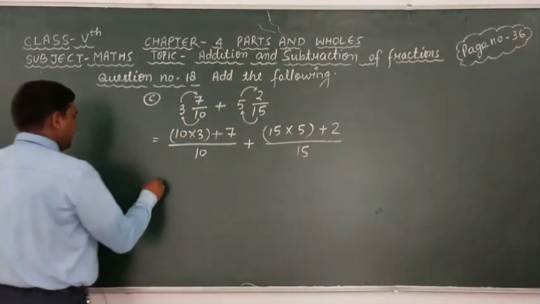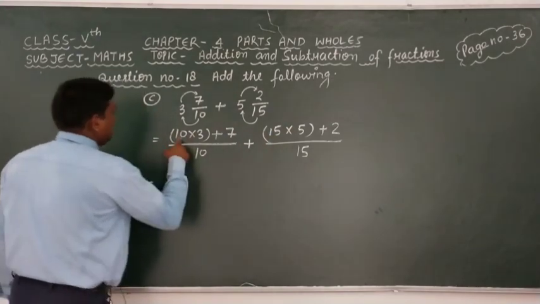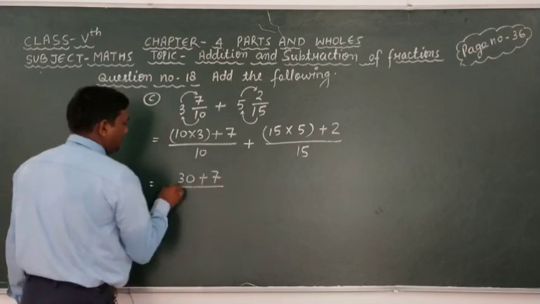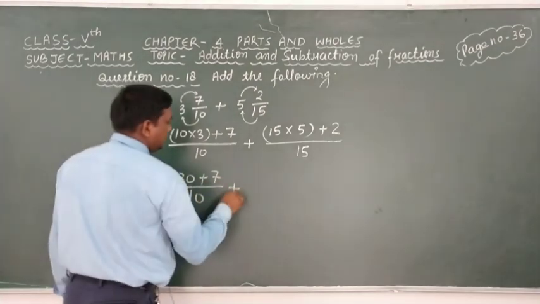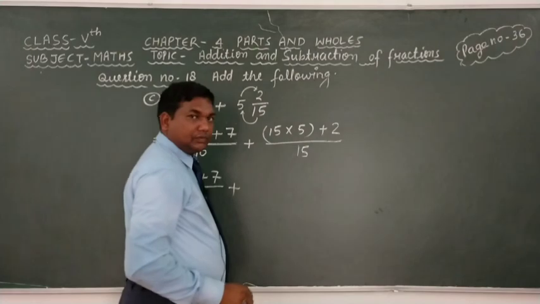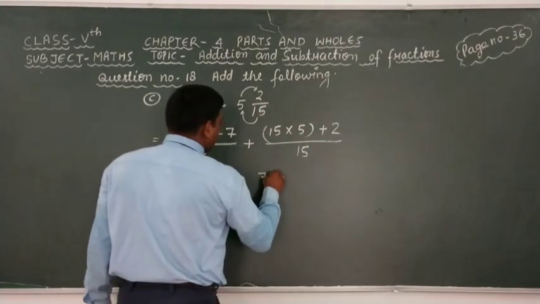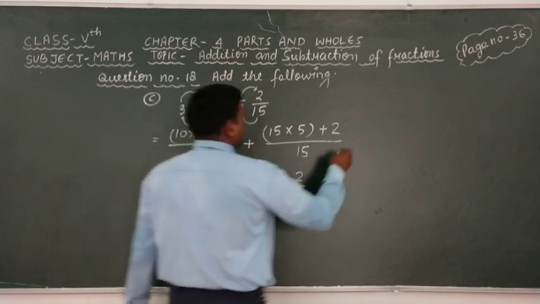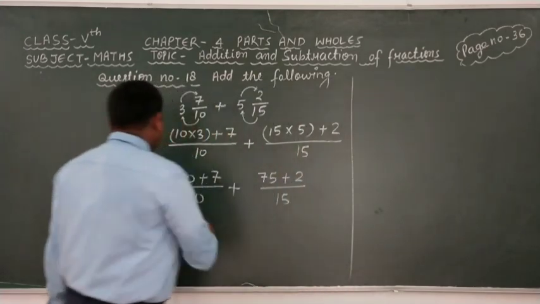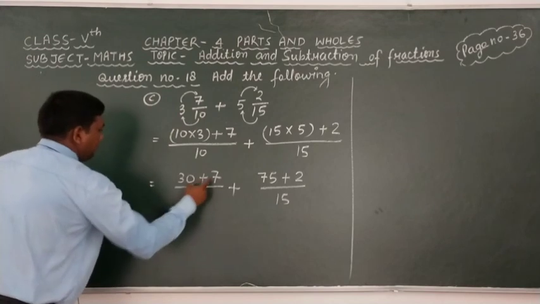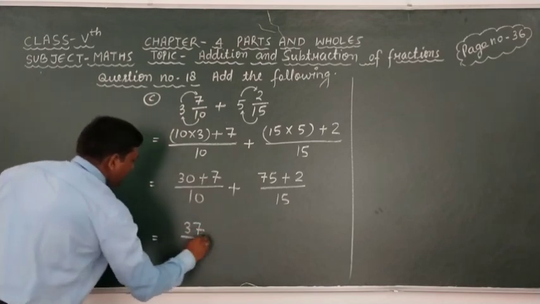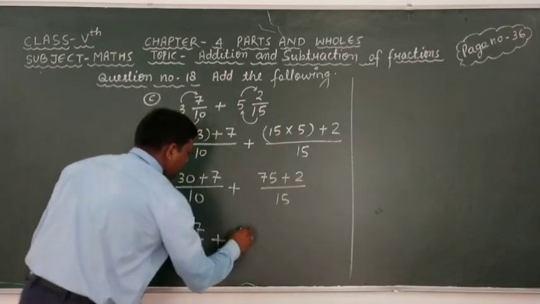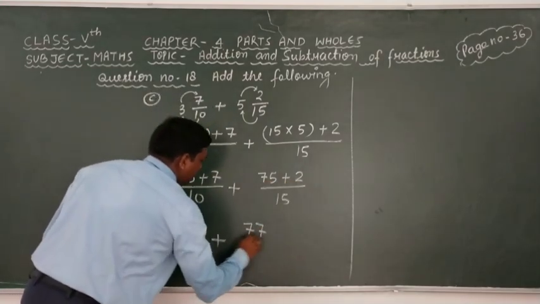After multiplying these we get 10 times 3 is 30 plus 7 over 10 plus 15 times 5 is 75 plus 2 over 15. After adding these we get 30 plus 7 is 37 over 10 plus 75 plus 2 is 77 over 15.